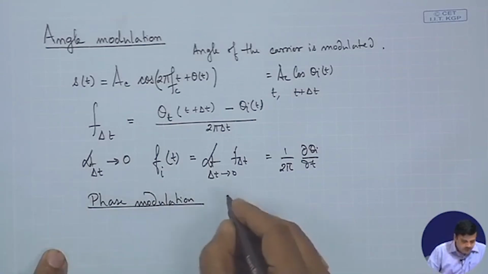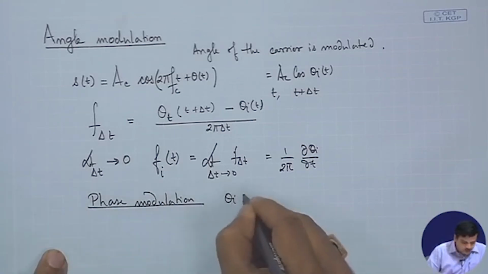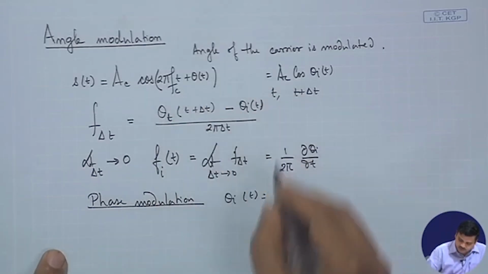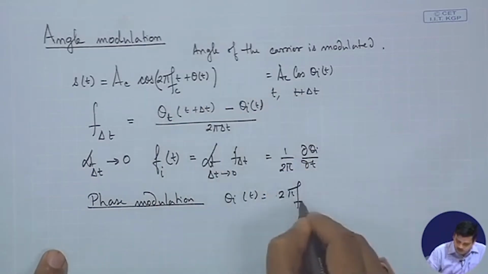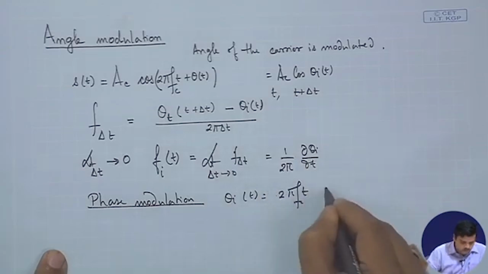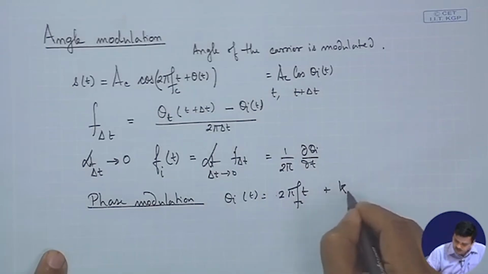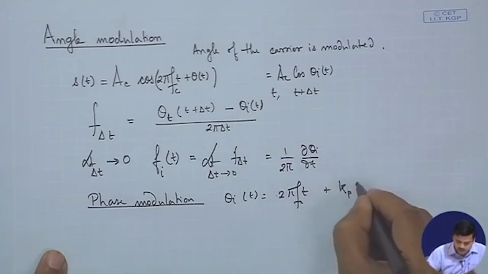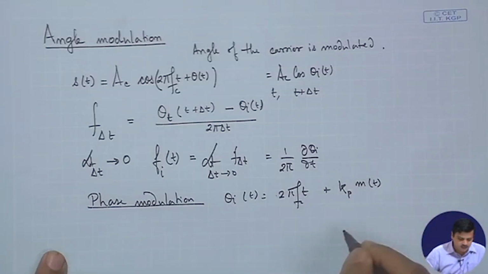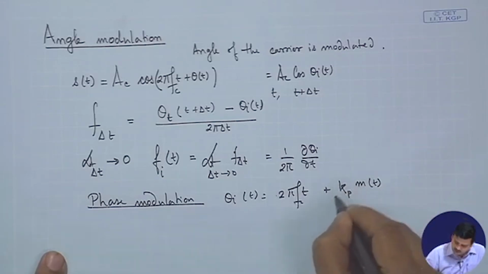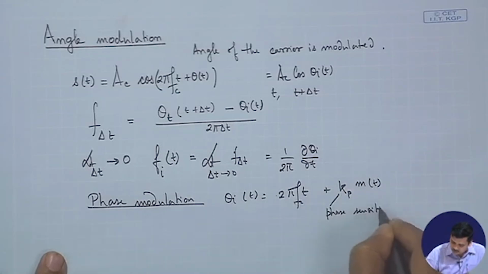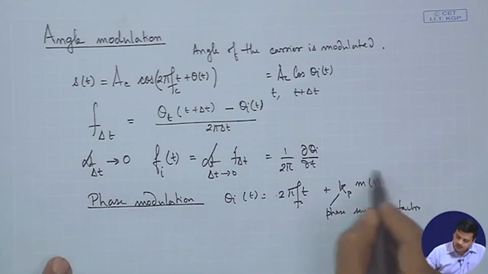So, in phase modulation, we generally write the theta_i(t) that we have written over here as 2 pi f_c t, that is the carrier component, plus some phase sensitivity factor k_p times m(t). So, this is the phase sensitivity factor, and this is your message signal.